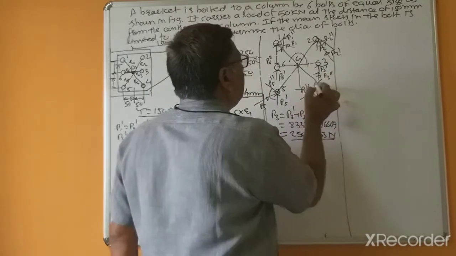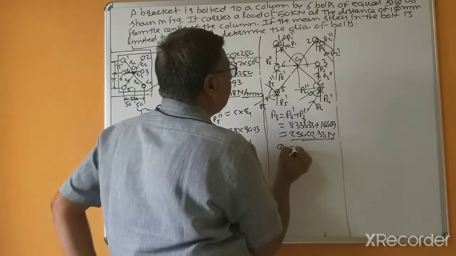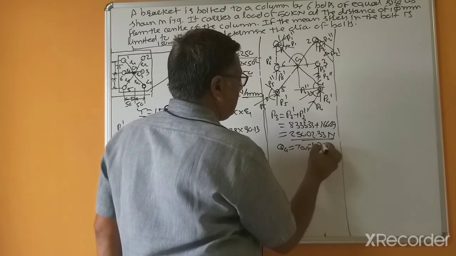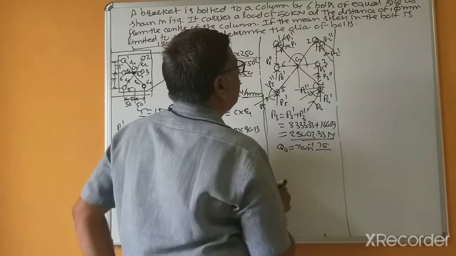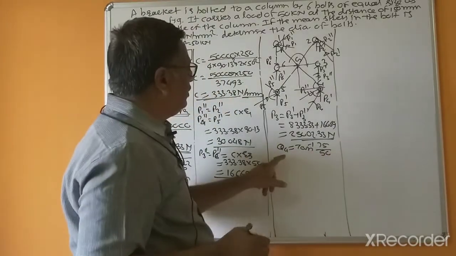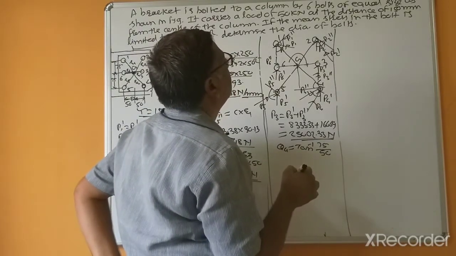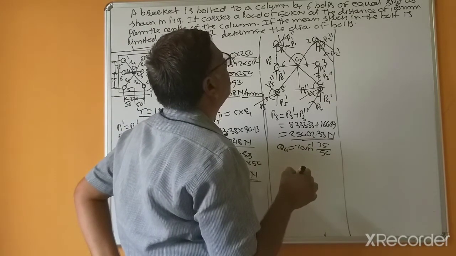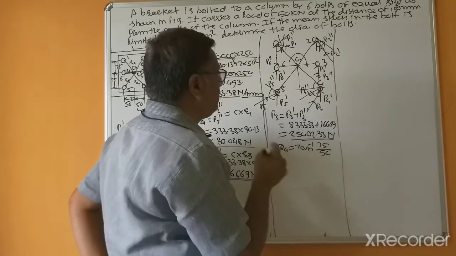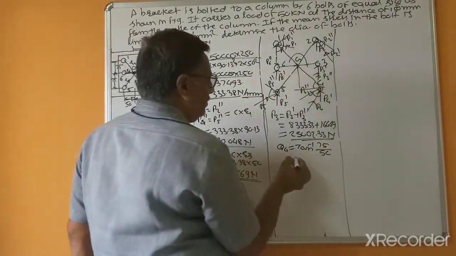So this angle equal to theta 4 equal to tan inverse 75 divided by this 50. This is theta 4. We will calculate only for theta 4 and theta 2.